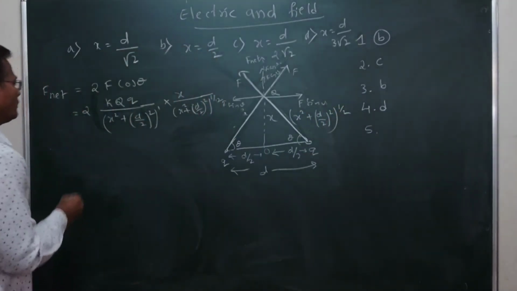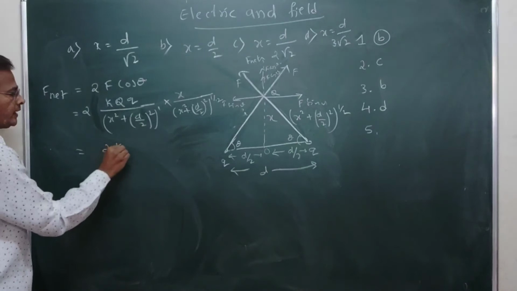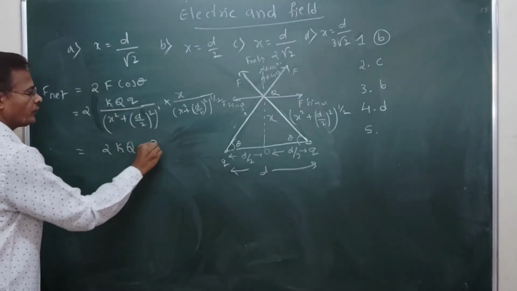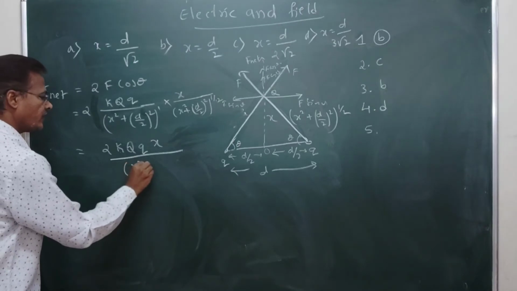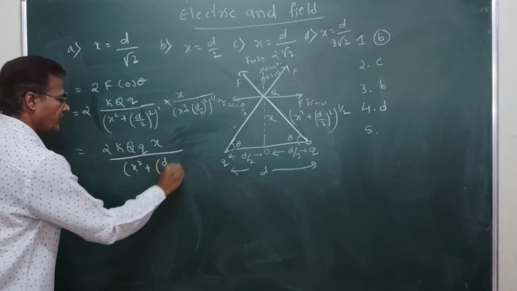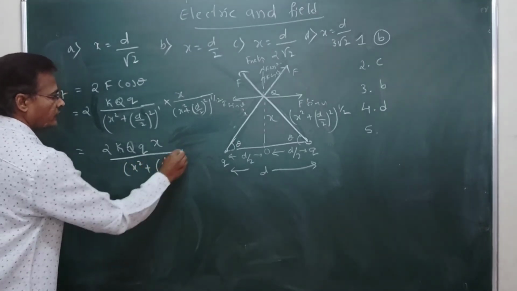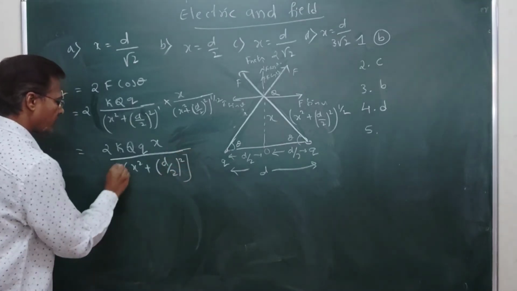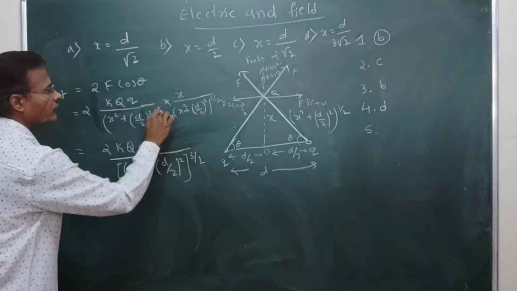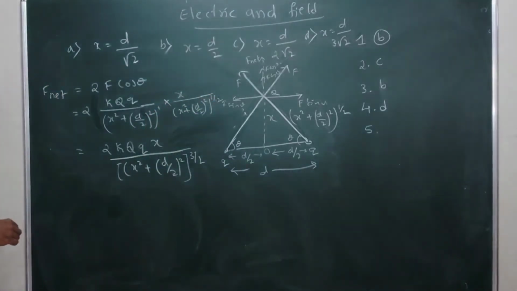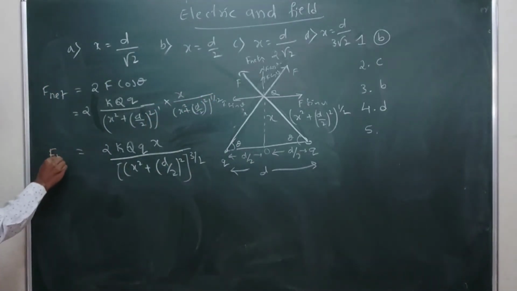So now 2kq small q x divided by x square plus d by 2 whole square to the power of 3 by 2. Why are we taking 1 plus 1 by 2 is 3 by 2. This is the F net we are getting.